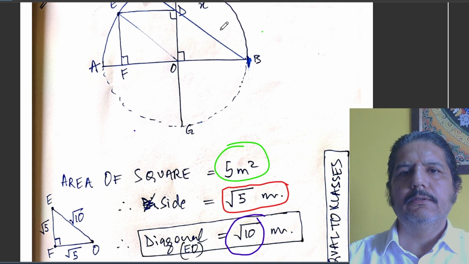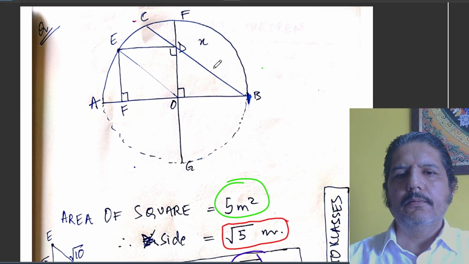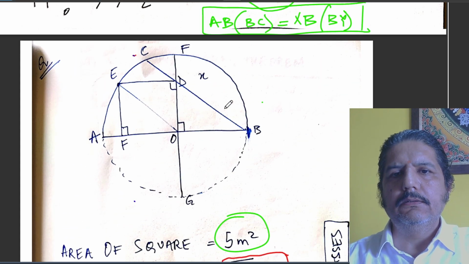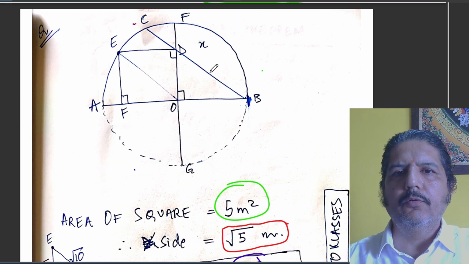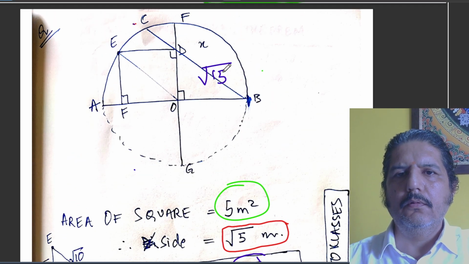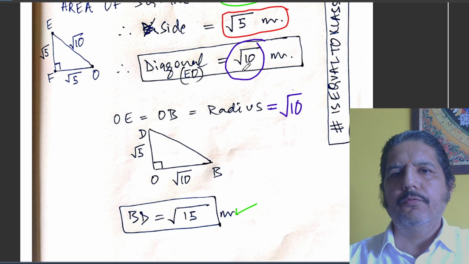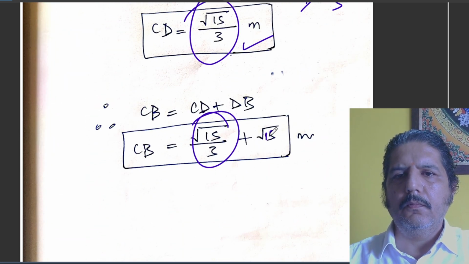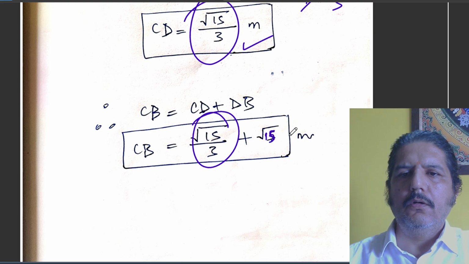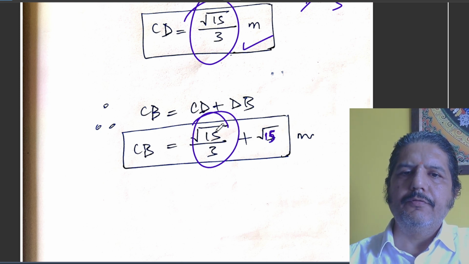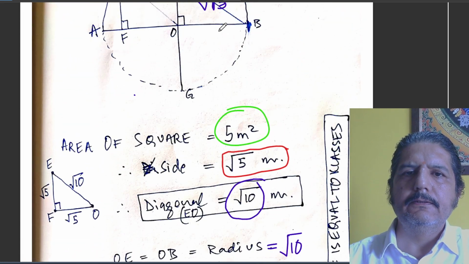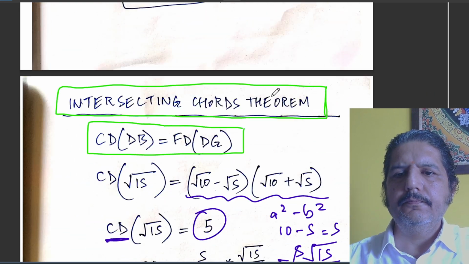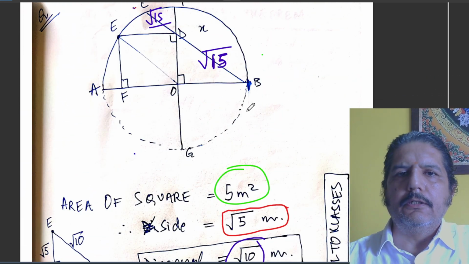See, BD is root 15. This part is root 15 plus root 15 upon 3.